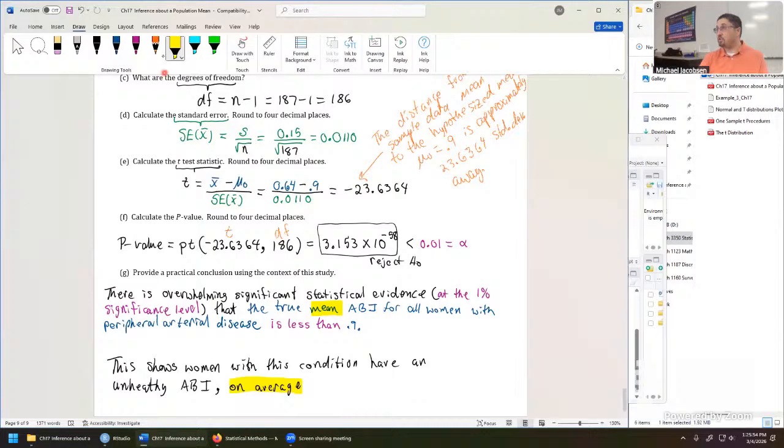The statement below is optional. You absolutely have to say this part. So let's emphasize this, just like we said with the confidence intervals.